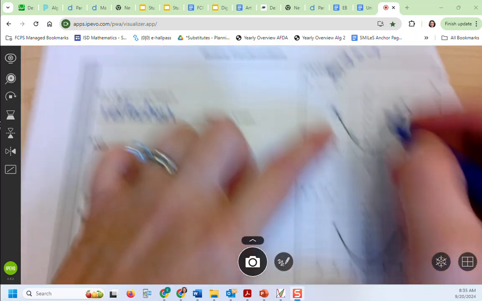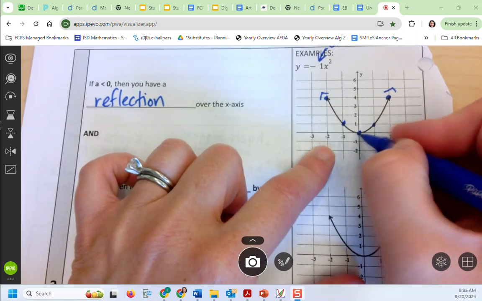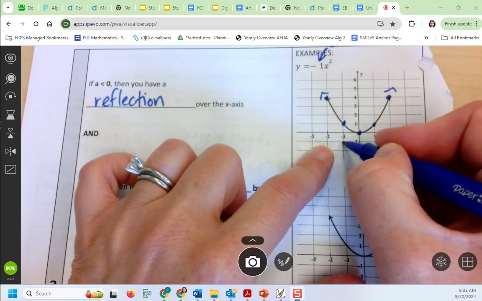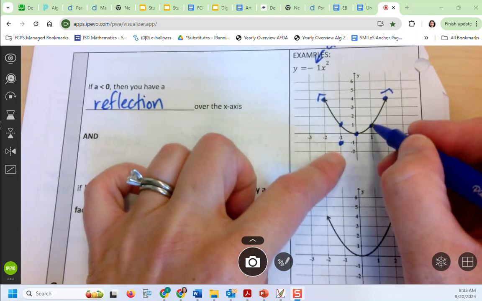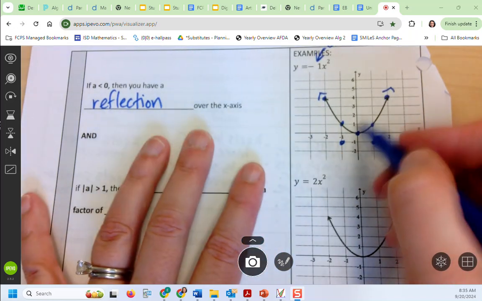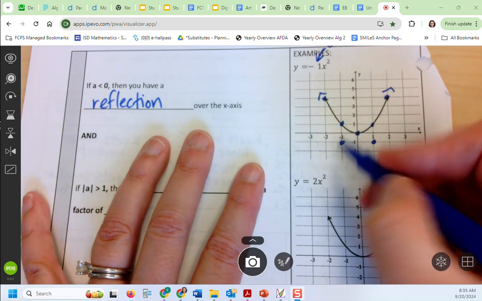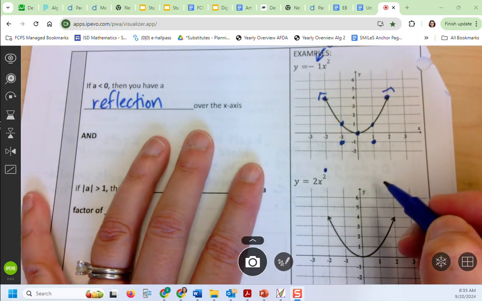So to reflect it, 0, 0 stays in the same exact place. Negative 1, 1 reflects down here. So you see how it's going to reflect across the x-axis? 1, 1 reflects across the x-axis here. And then negative 2, 4 needs to go 4 down, and I don't quite have 4 down, so I'm just going to estimate that it would be about there.